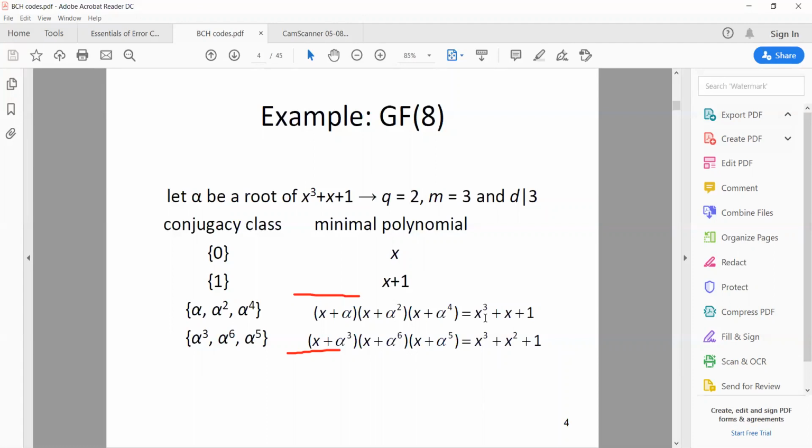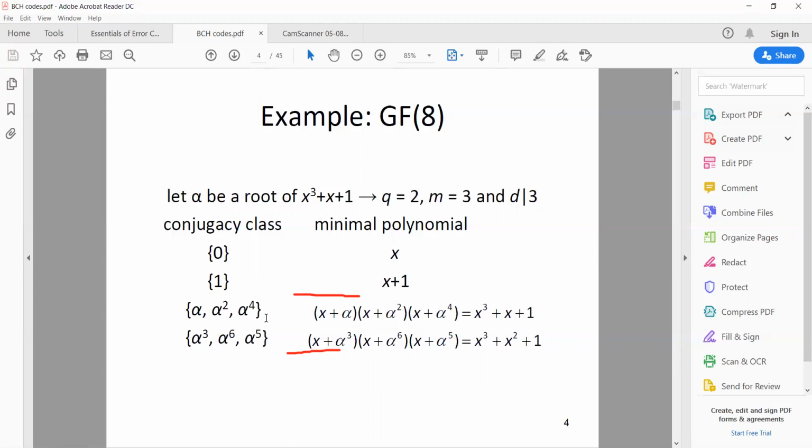And we are saying that if alpha, alpha square and alpha to the power 4 are the roots of the generator polynomial, they will also be the roots of the generated code polynomial when we multiply x cube plus x plus 1 with the message polynomial. So the code polynomial also possesses the same roots, alpha, alpha square and alpha to the power 4.